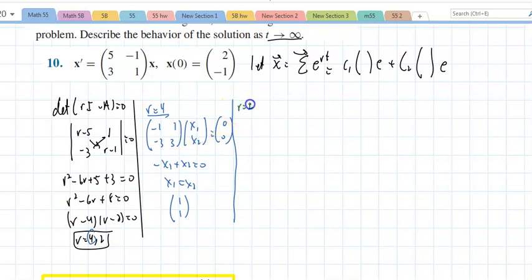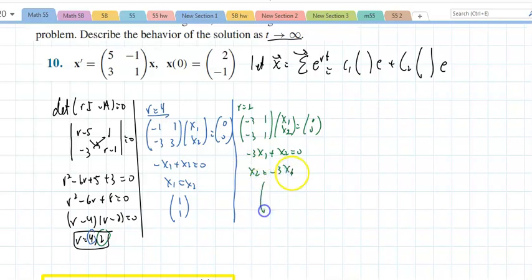If I take r equal 2, I will get negative 3, 1, negative 3, 1 times x1, x2 equals 0, 0. And if I take negative 3x1 plus x2 equals 0, that would mean x2 equals negative 3x1. If x1 is 1, x2 is 3.